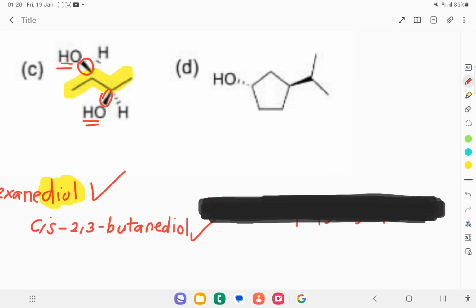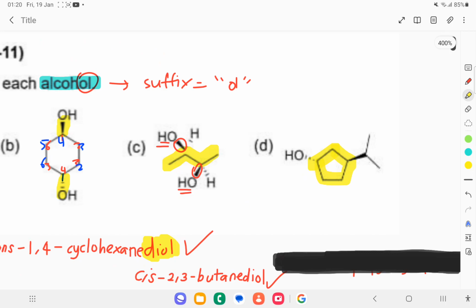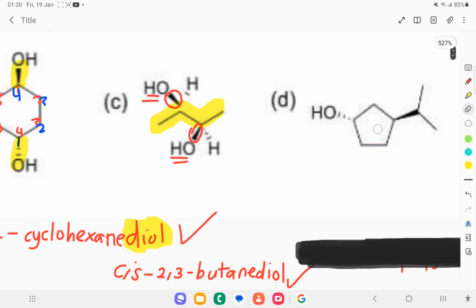Okay, I forgot to add for question number C. This is a chiral alcohol. It is symmetric.